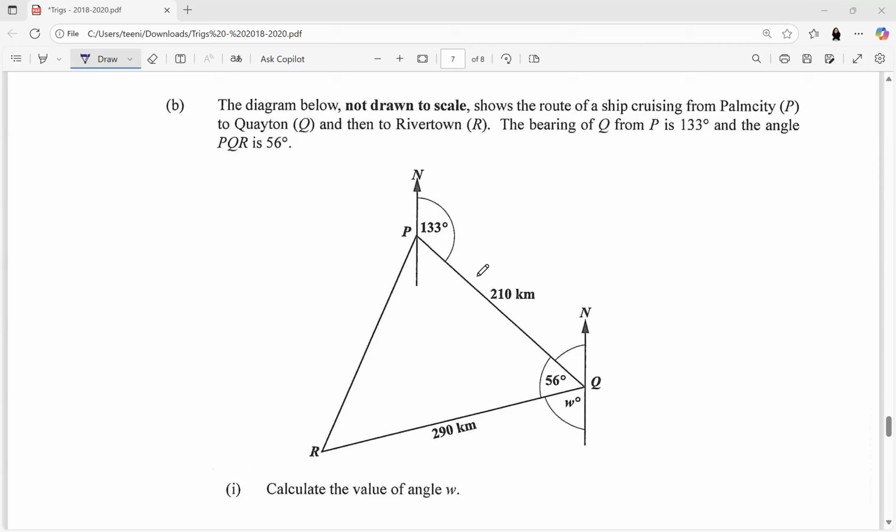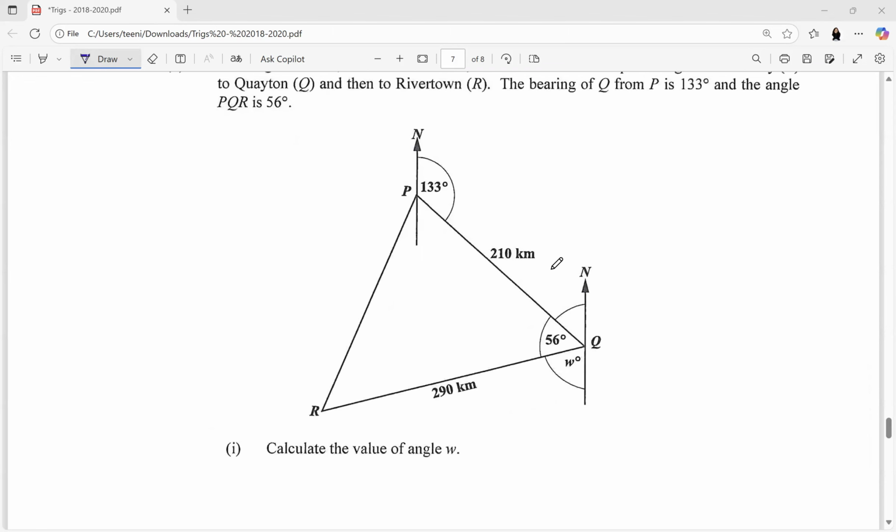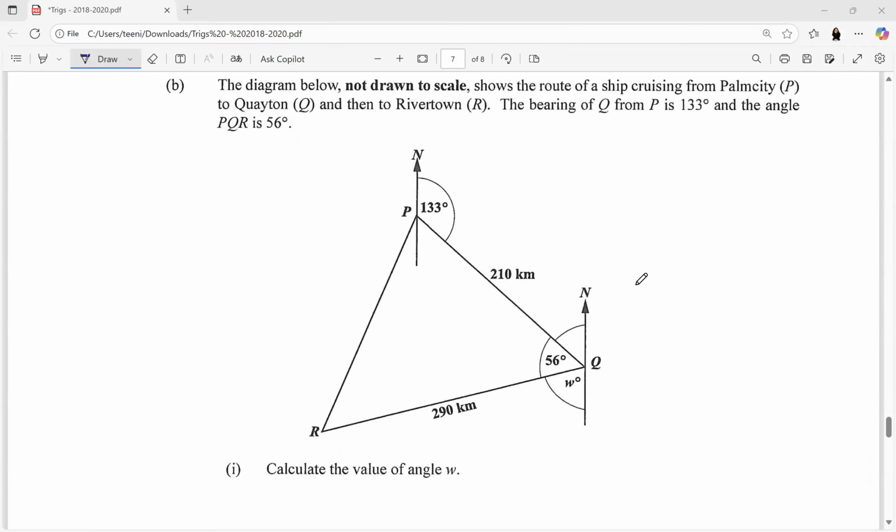So the bearing of Q from P would be the angle between the north line at P and the line PQ. So that's 133 degrees. And the angle PQR is 56 degrees. Calculate the value of angle W.